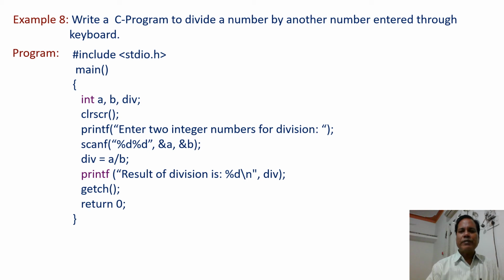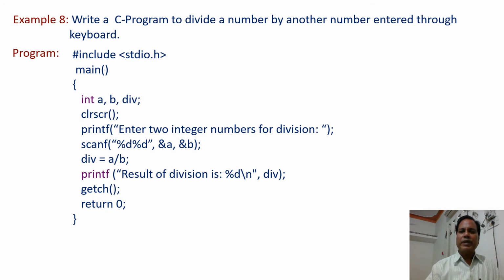So printf statement, enter two integer numbers for division. This message is displayed on the output screen, and then we enter the two numbers. Suppose this time also the first number is 65 and the second number is 13.